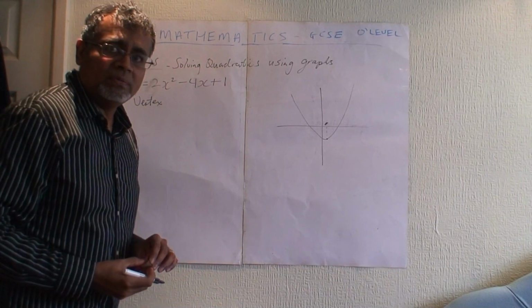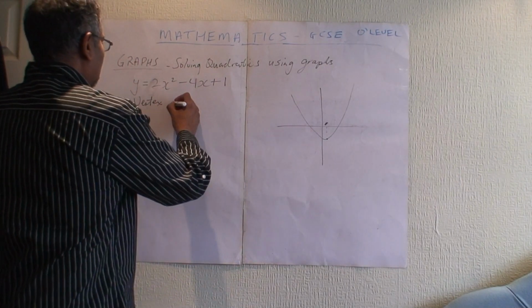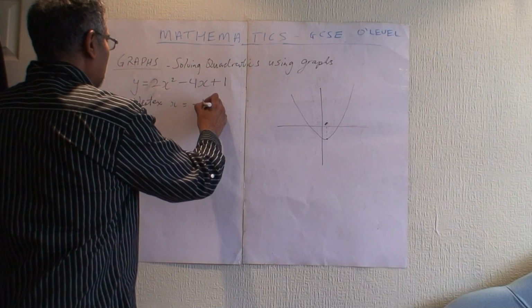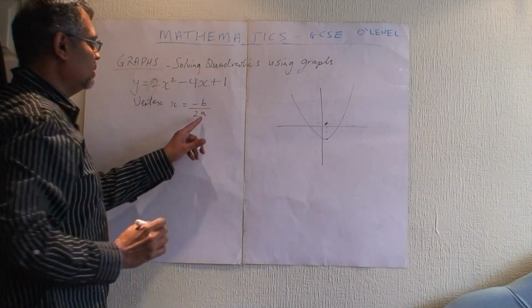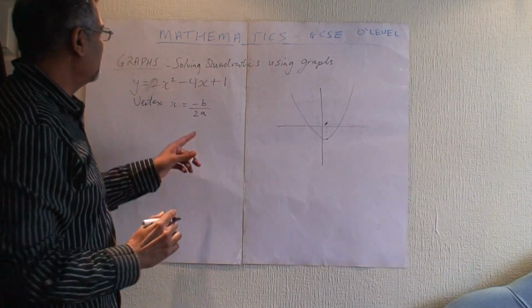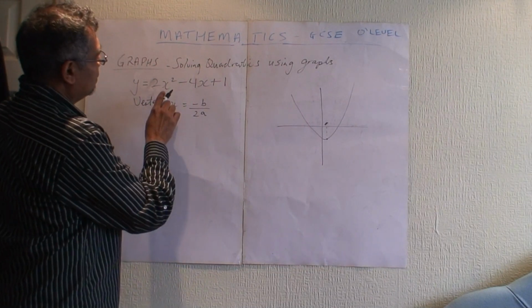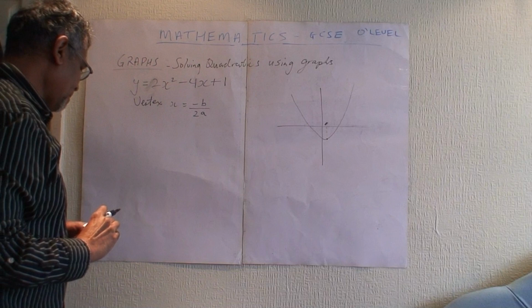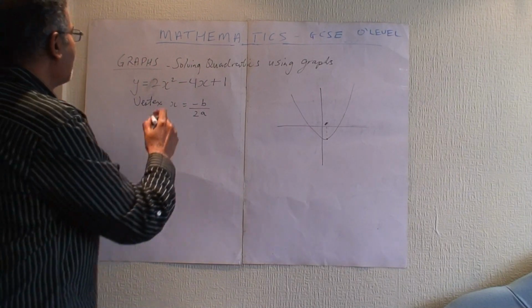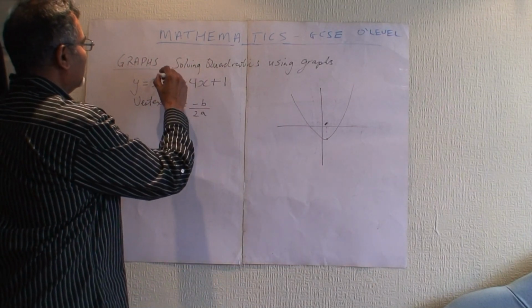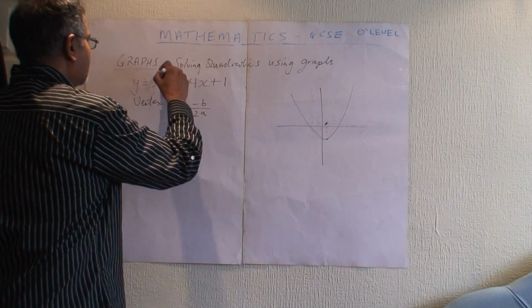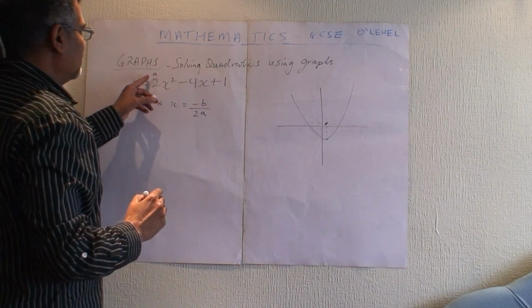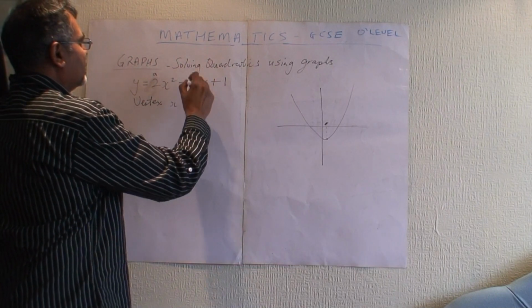Now the formula for the vertex is x is equal to minus b divided by 2a. A is this value here, and b is this value here.